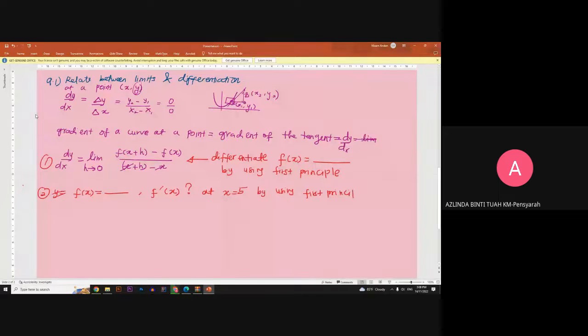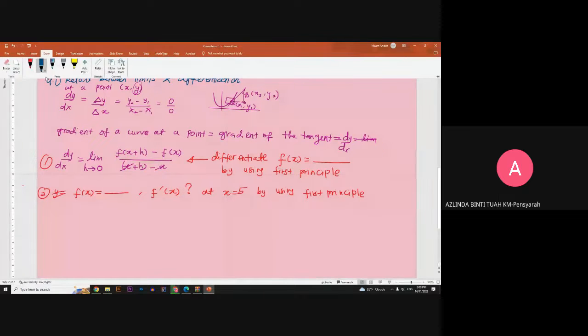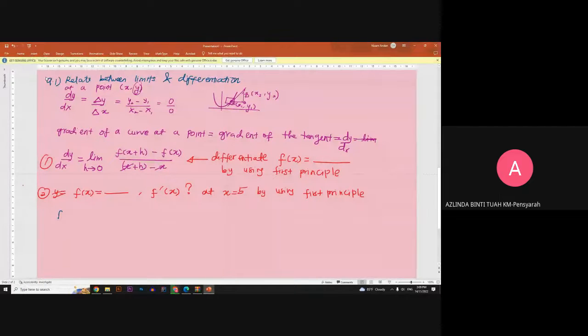When it is mentioned, we will use the formula: dy per dx or f prime at x equals a is the limit as x approaches that value.